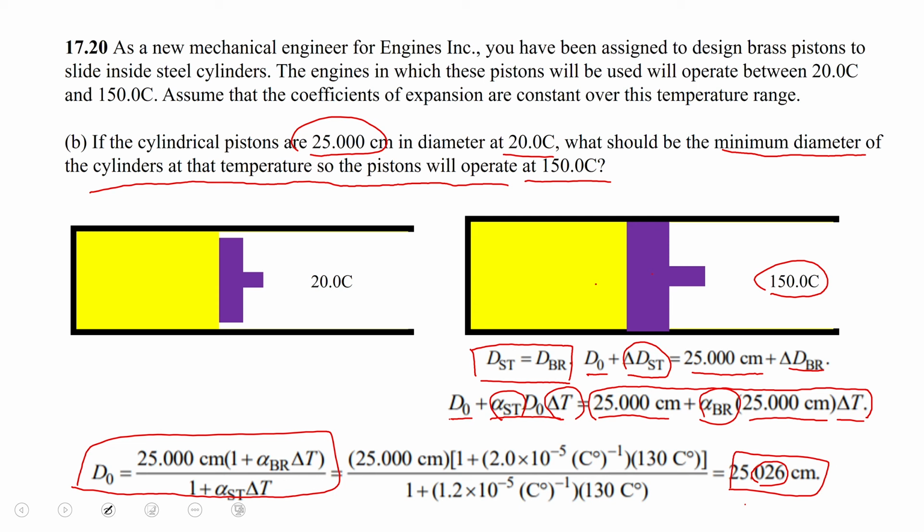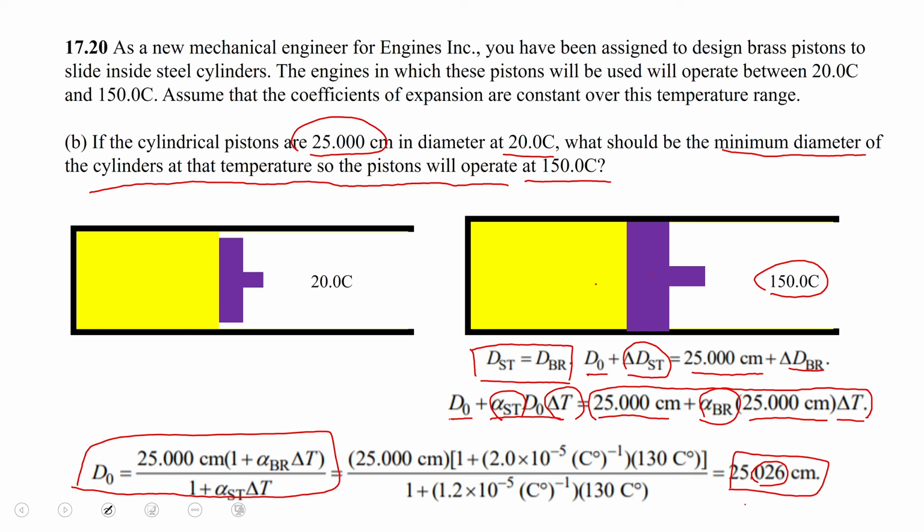So this is just an example to show you if you have two different materials and you want to build an engine to work at a very different temperature range, you have to make sure these two parts fit at different temperatures. So this is very important.